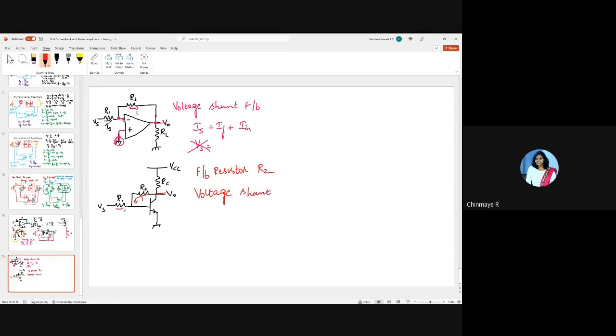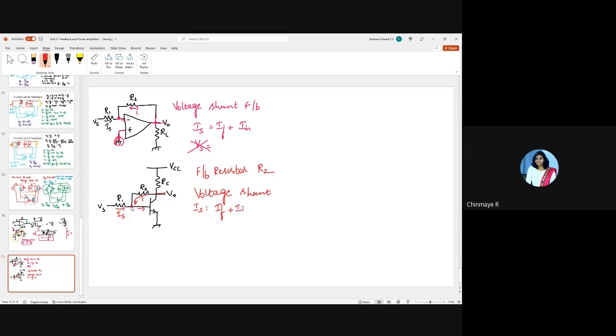And as you can see here, you can say IS is equal to the feedback current plus the input current.